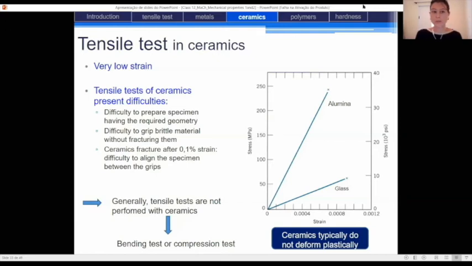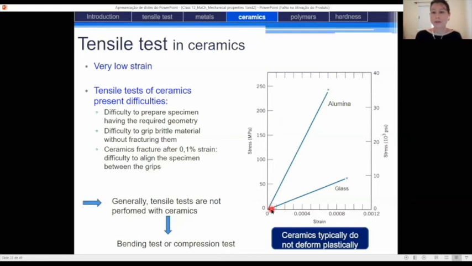Now let's talk about ceramics. Here is represented the stress-strain curve for ceramics, and you can see that this cross represents fracture. In ceramics, it seems that we only have an elastic domain.